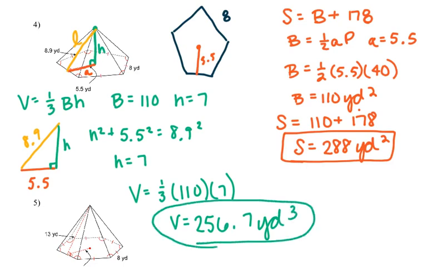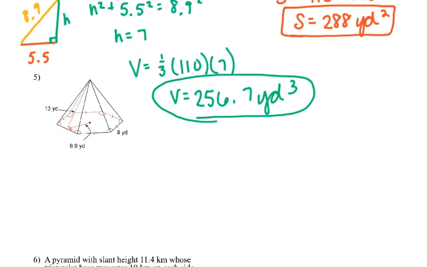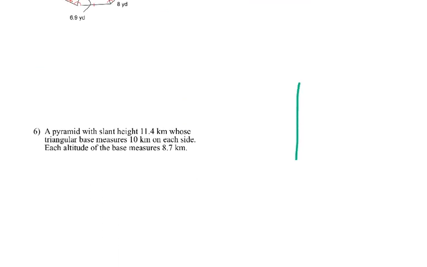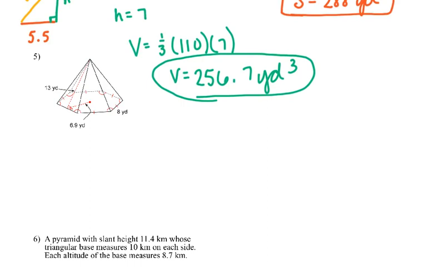All right, so that one wasn't so bad because the apothem was given to us. So, okay. One more, the last one, number 5, is a regular hexagon. And again, we're given the apothem, the slant height, and the side length, so this shouldn't be too bad.